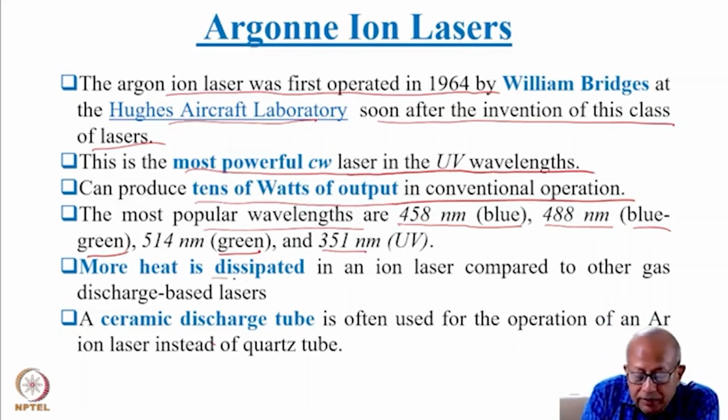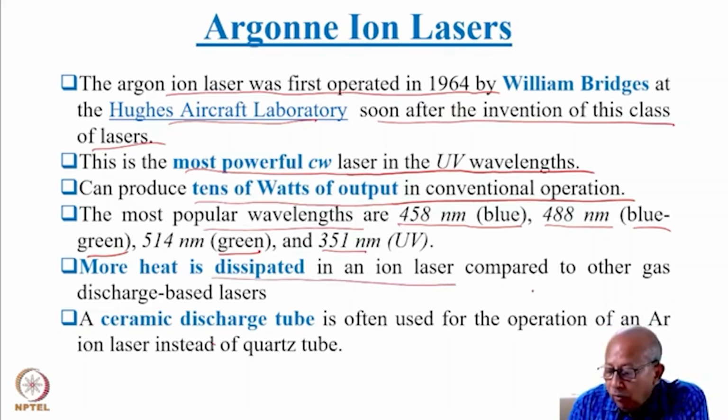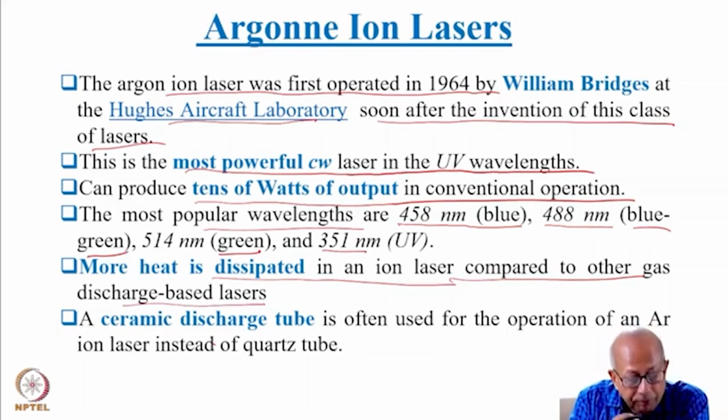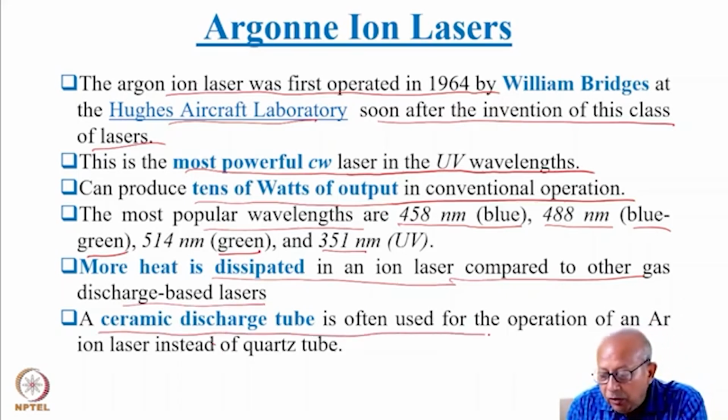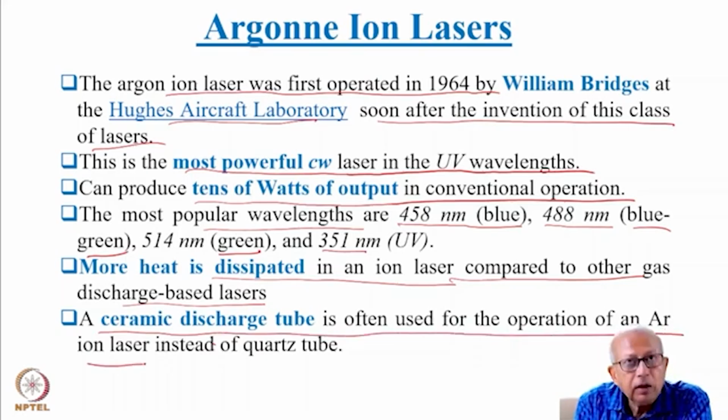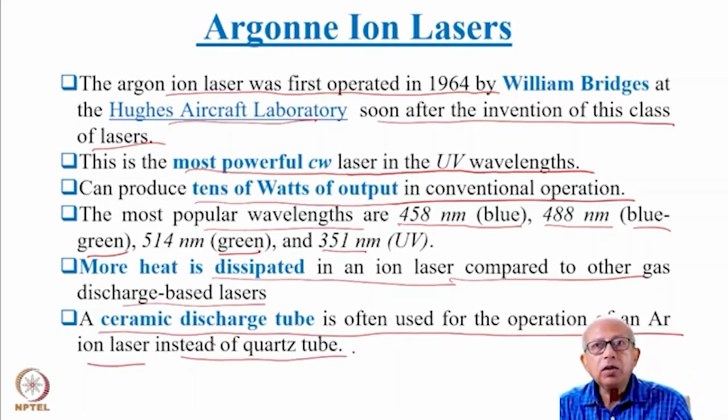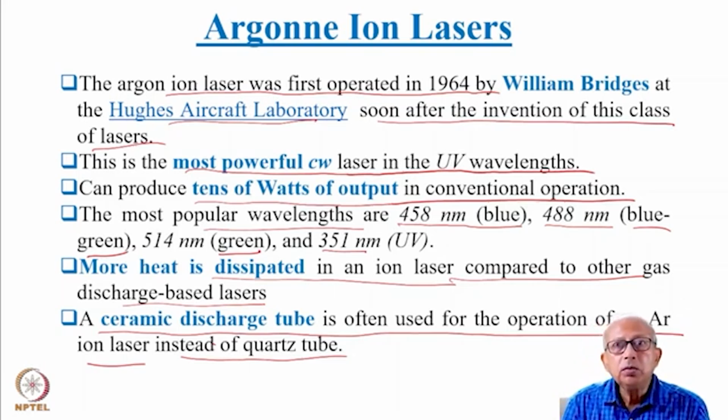And because more heat is dissipated in an ion laser compared to other gas discharge lasers, a ceramic discharge tube is often used for the operation of an argon ion laser instead of quartz tube, because with a quartz tube, it would be quite challenging to manage such huge dissipation of heat.